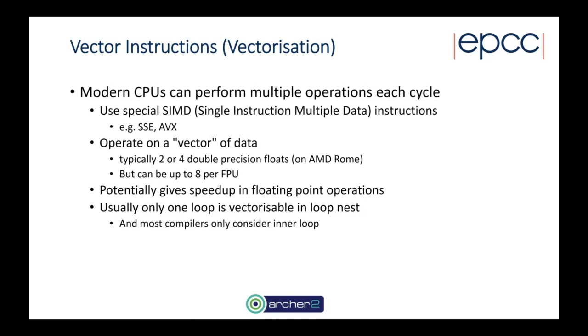If you go to something like Intel's Skylakes and newer processors, you're looking at 8 per floating point unit, so 8 double precision numbers at once. Same with the A64FX. And actually, some of those architectures can have 2 floating point units per core, which means you can do up to 16 things at once, 16 of the same instruction on different bits of data at once.